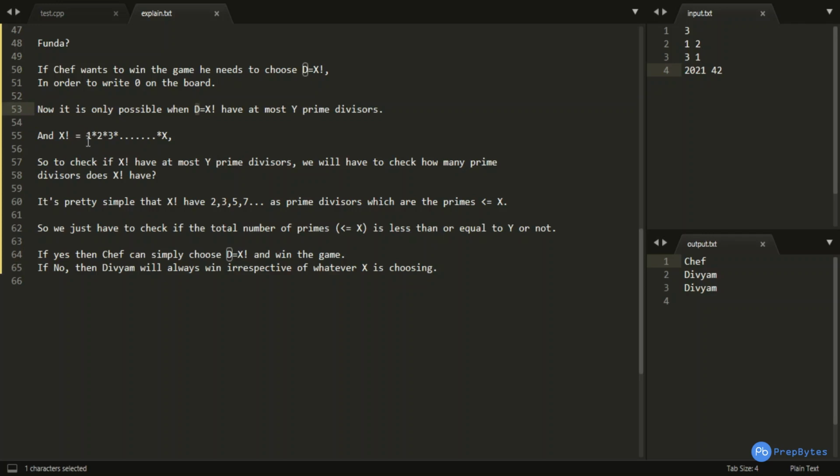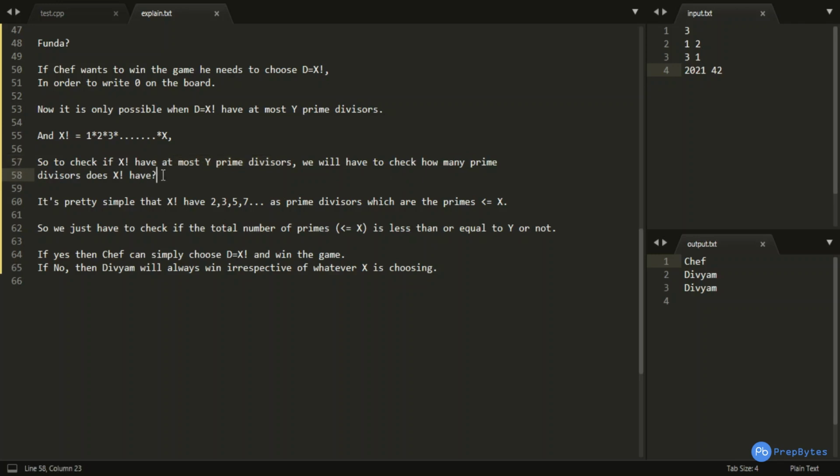And x factorial is nothing but 1 into 2 into 3 into up to x. So in order to check that my d, which is x factorial, has at most y prime divisors, which is the condition for x factorial to be a proper choice for d over here, we will have to check how many prime divisors x factorial has.